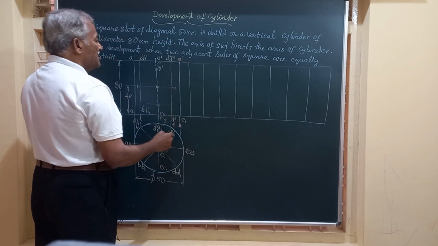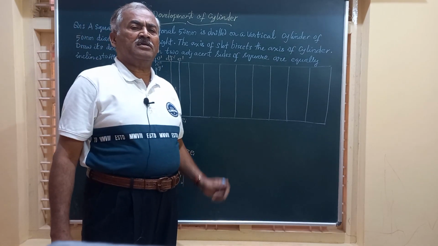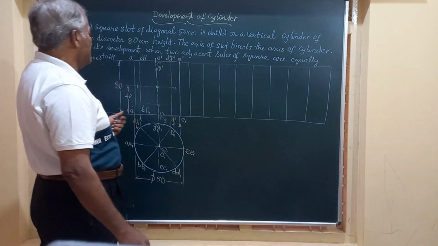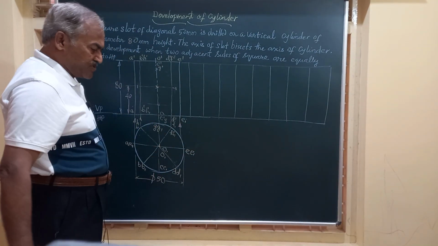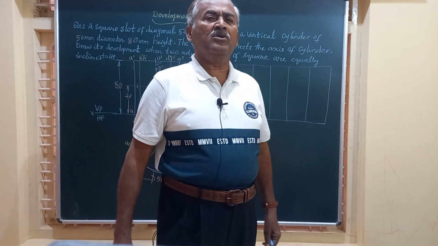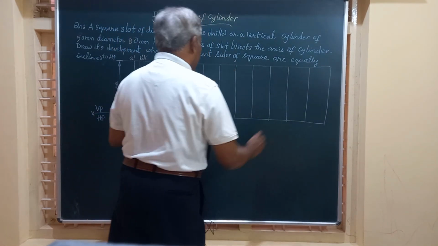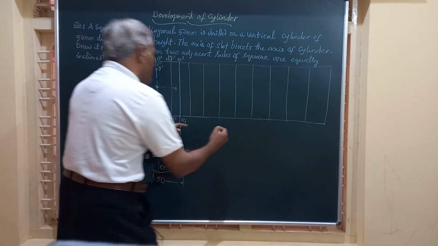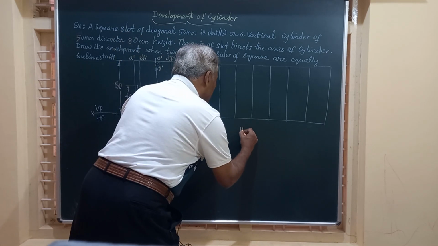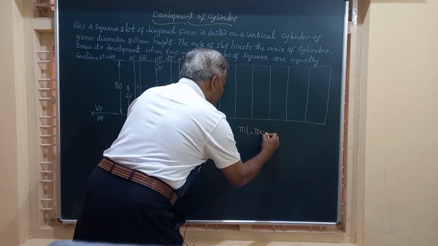Friends, this is how we mark the front and top views of the cylinder. Let us assume that the cylinder is not cut by any section plane. So basically, in the development, you are going to get a rectangle which will have the total length equal to pi into d, that is, pi into the diameter of the circle, which is 50.